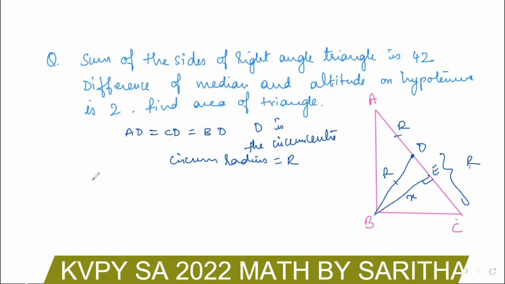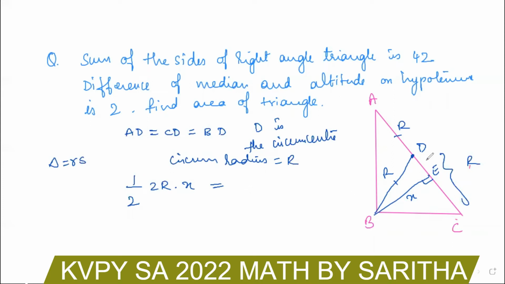So the area of the triangle, if I assume BE to be the height, will be half times the base into height. But the same area can also be calculated using properties of triangles, where delta is equal to rs. r is the inradius, s is the semi-perimeter.